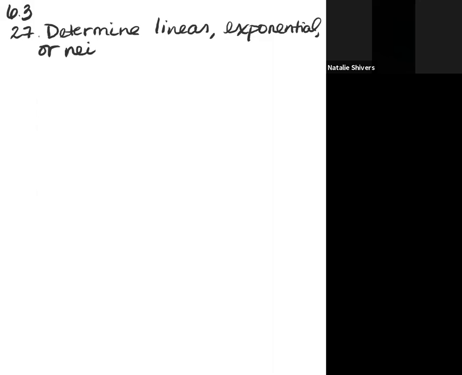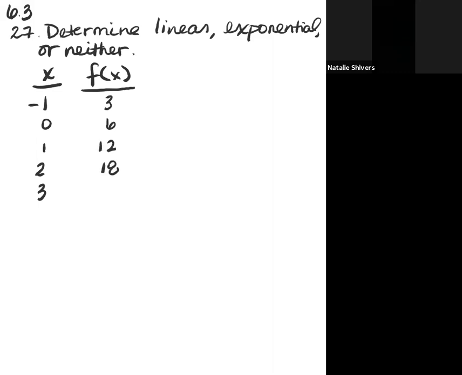So we did a linear one a couple chapters ago, I think, when we had our t-shirt. So -1, 0, 1, 2, 3 with outputs 3, 6, 12, 18, 30.